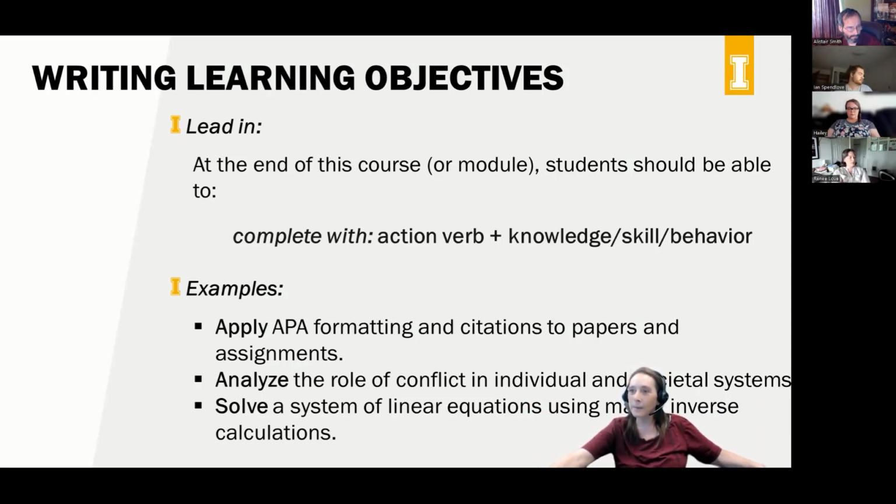So that middle example there, analyze the role of conflict in individual and societal systems. Mhm. It's not measurable, is it? Yeah, because you're analyzing it. Right, that would be the SLO. Now, if you're in the module where that is, on the module overview page, you'd say, this is our module, and this is our SLO, our student learning outcome.